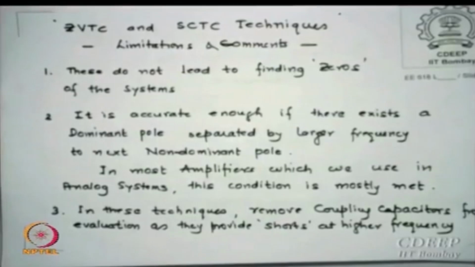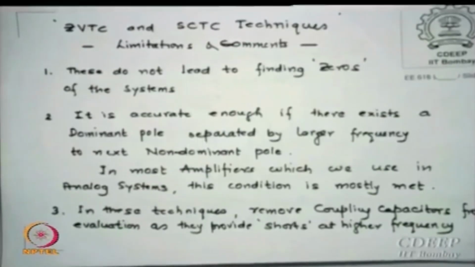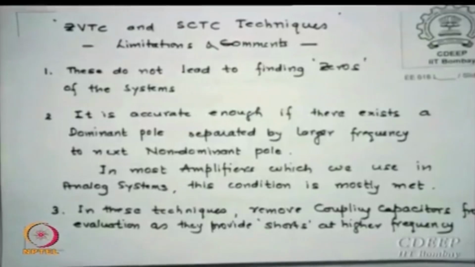That's another issue. In this technique, remember another catchword; this is very important for actual designers. In all actual circuits there will be a coupling capacitor to separate DC and AC. These values are microfarads. So do not use them, because at normal frequencies or higher there will anyway be shorts.